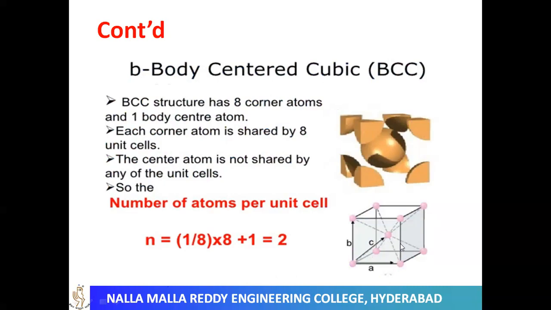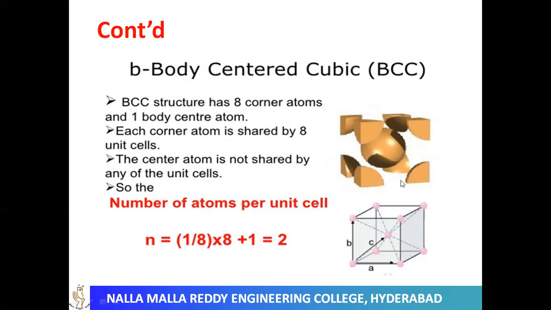In the case of the BCC unit cell, the atoms are present at the corners, and there is an atom present inside the body. This contributes only to this unit cell; it will not be shared.